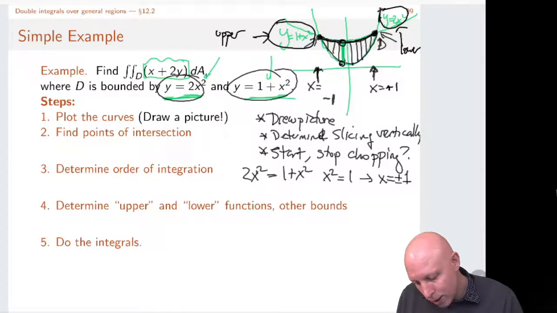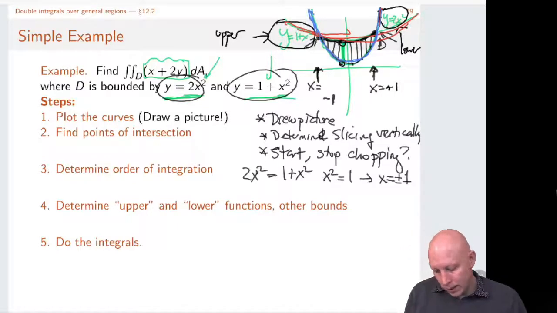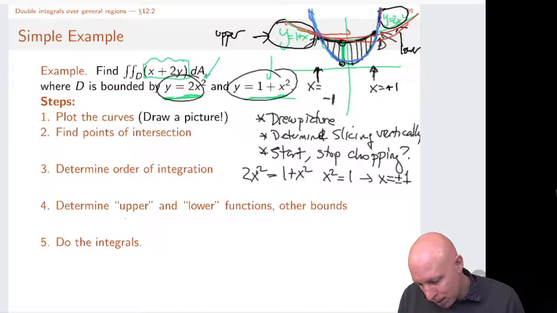I should have really colored these in two different ways. I think that I used red for the upper function, and I used blue for the lower function. Okay, so that means that the upper one is 1 plus x squared. The lower function is 2x squared.